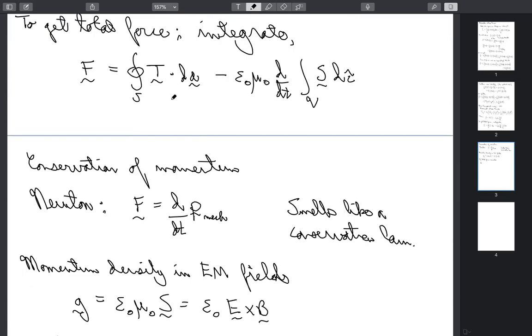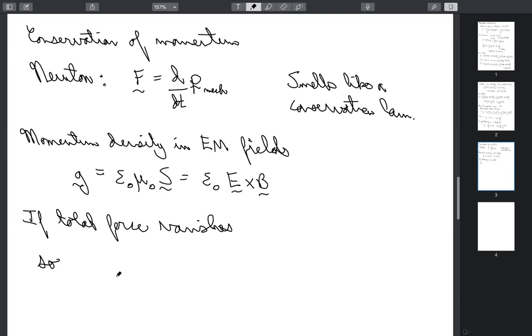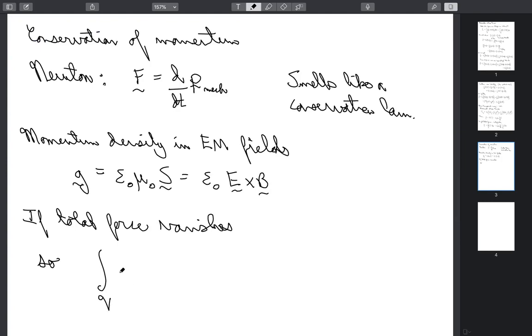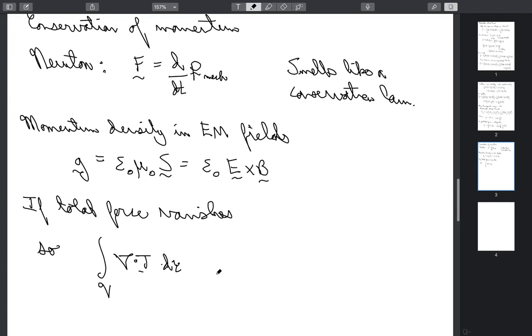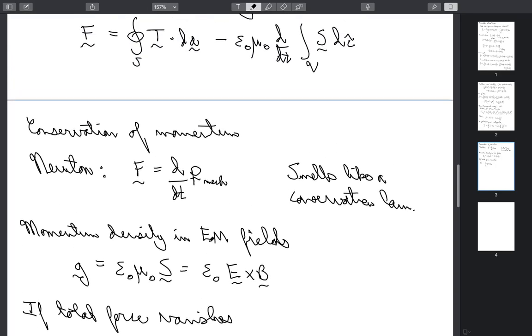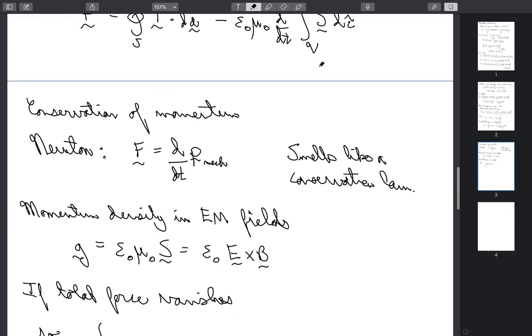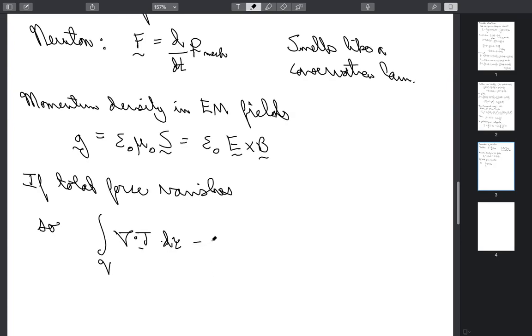I would have the divergence acting on this, so an integral over the volume of the divergence of T. And from this term here, I can now identify my g, so I would just get minus d/dt of the integral over my volume of g d tau.